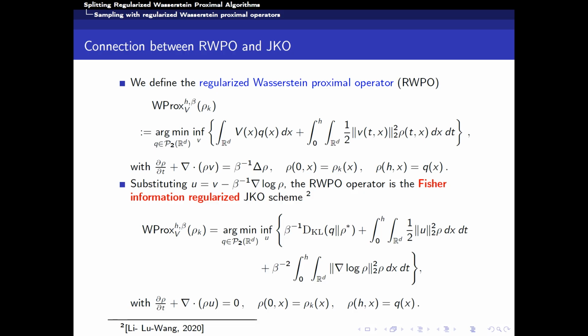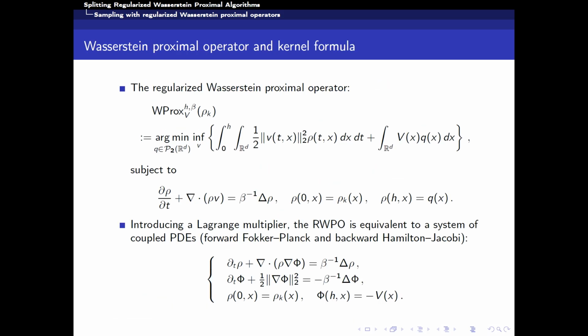So the most important reason that we want to talk about this RWP operator, or this Fisher information regularized JKO scheme, is that for this optimization problem, we have an excellent closed form solution. And actually, this is something that also appeared in Tingwei's talk. Once we look at this RWP operator and introduce a Lagrange multiplier capital phi, and use the first order optimality condition, we can transform this constrained optimization problem to a system of coupled PDEs.